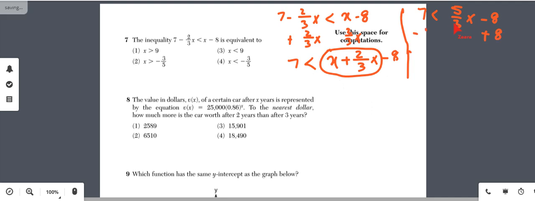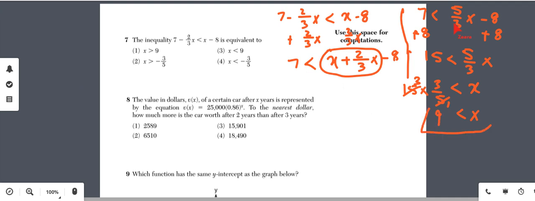Now I'm adding 8 on both sides. I will get 7 plus 8, which is 15, is less than 5 by 3x. Now I am taking this 5 by 3 to the other side of the inequality, so it will change into 3 by 5. So it is 5 times 3 by 5, and 15 times 3 by 5 is 9.